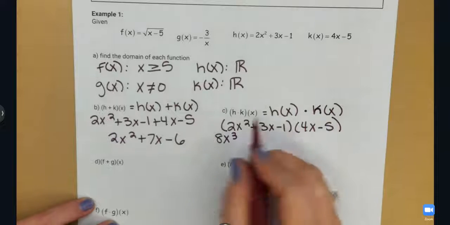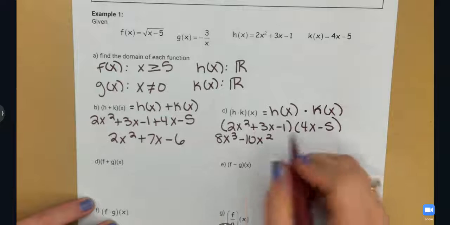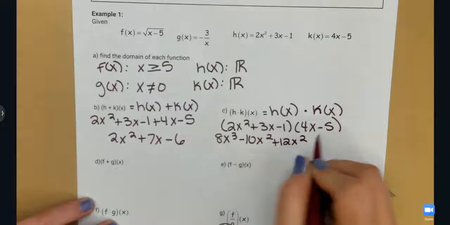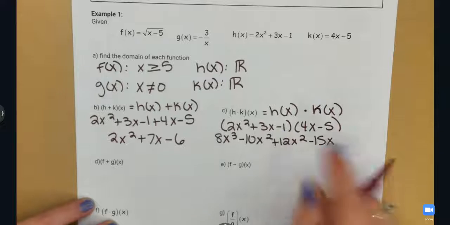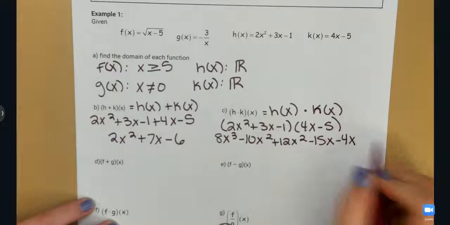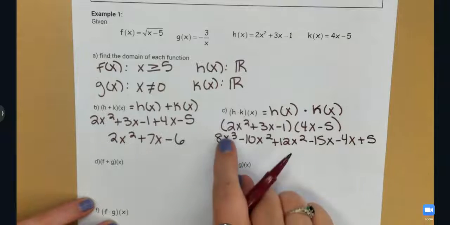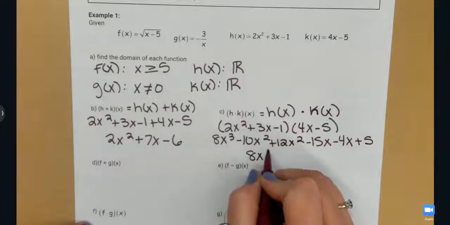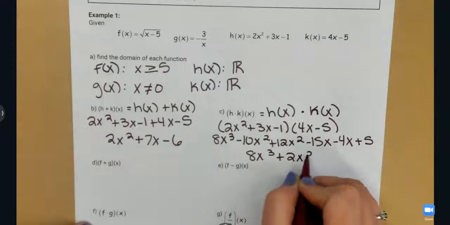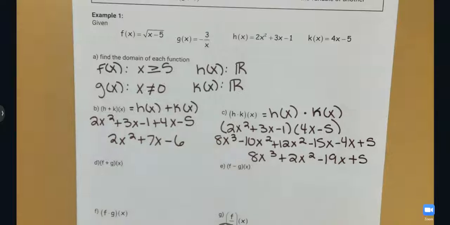Then we multiply on the negative 5 to get negative 10x squared. 3x times 4x gives us 12x squared. 3x times negative 5 is minus 15x. Then the negative 1 times 4x is minus 4x. Negative 1 times negative 5 is positive 5. So you should have 6 products. You do multiplication 6 times and then combine your like terms. 8x cubed plus 2x squared minus 19x plus 5 is our final result.